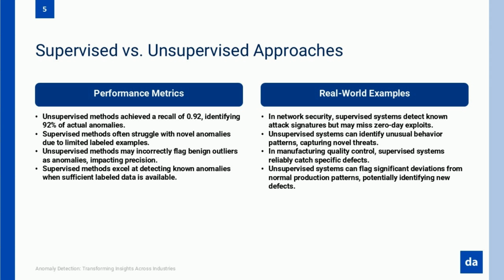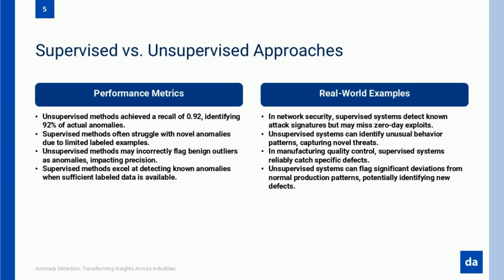They excel at finding what you already know to look for, not at discovering novel threats or failure modes. What happens when a new type of credit card fraud emerges, one that doesn't match any pattern in your training data? This is where supervised systems often fail spectacularly, creating dangerous blind spots in your detection capabilities.